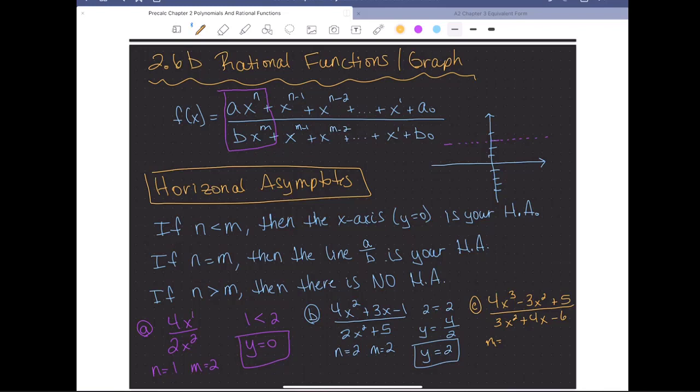My highest degree is 3. When I look for my M, my highest degree in my denominator is 2. So I'm going to look at 3 and 2. I'm going to fill in my inequality. I know that 3 is greater than 2. So when I look back at my scenarios, if N is greater than M, what do I have? No horizontal asymptote.